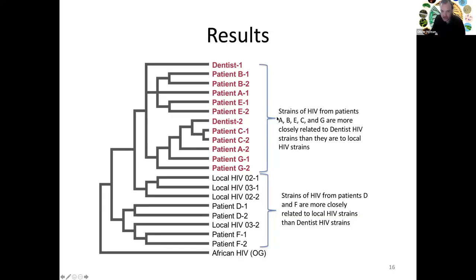And so you can see strains of HIV from patients A, B, E, C, and G are more closely related to the dentist strains than they are to these local strains here. So they have a more recent common ancestor and are therefore more closely related to the dentist strains than they are to any of these local strains. Whereas strains from patients D and F are more closely related to these local strains.